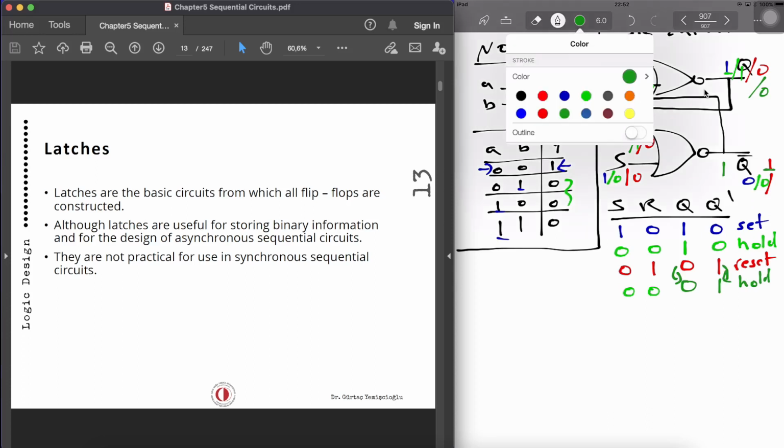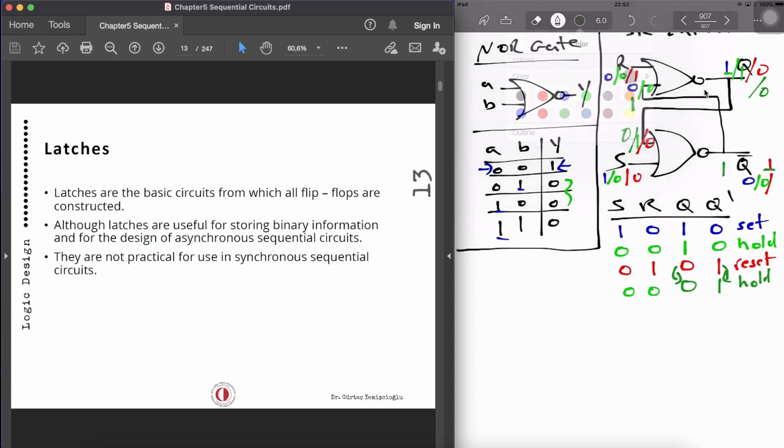And the last state, when both inputs are 1. Now, when both inputs are 1, that means the output is going to be 0 on both of these NOR gates, either here or here. Now, at the beginning, I said that this is Q and this is Q bar.